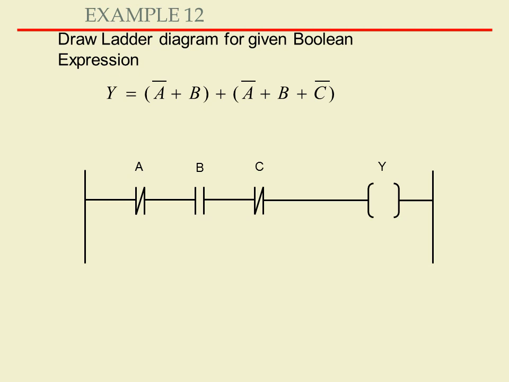So the overall expression will become Y is equal to A bar plus B plus C bar. Since there is a plus sign, they will be in series. So it is represented in ladder logic: A bar, that means closed switch, then B, that is open switch, and then C bar, that is closed switch, is equal to Y, the output device.